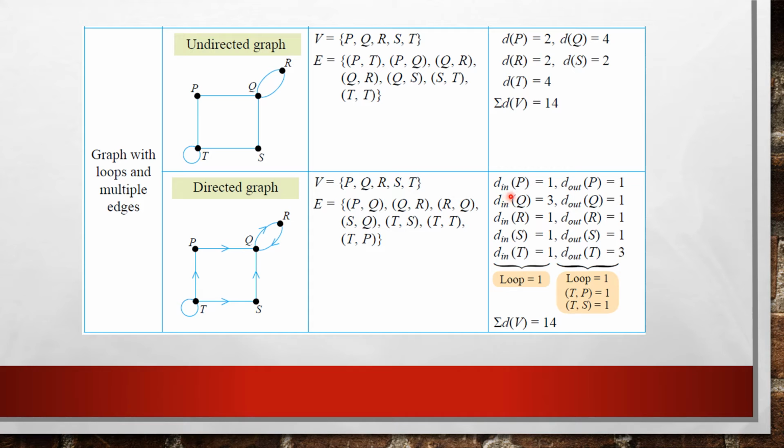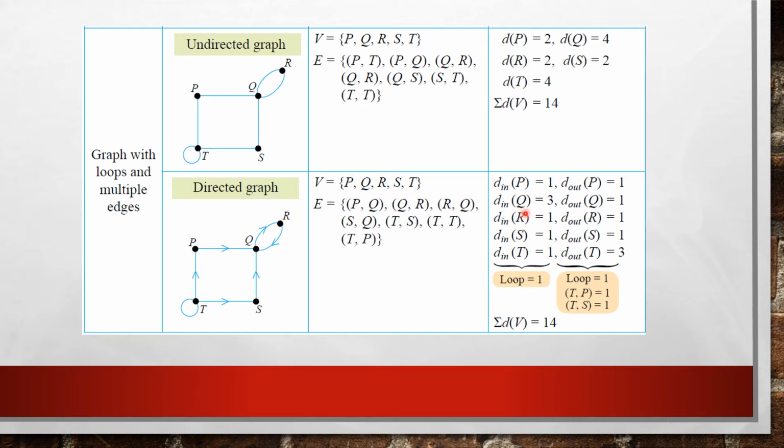Now we look at the degree of vertex P. For vertex P, there are two lines connecting P. For one line, the arrow is coming in and for the other one it is going out. So degree in P is 1 and degree out P is 1.